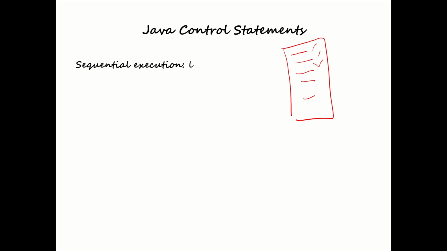In general, when we write a program that has some statements, the statements will be executed line by line. We call it sequential execution. And if I want to control it, maybe I want to skip a particular statement, or from this statement I want to tell Java, hey, go from this line directly to that line.